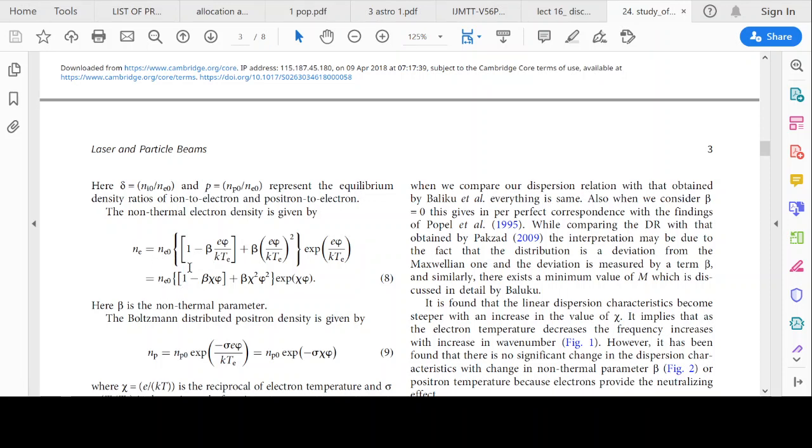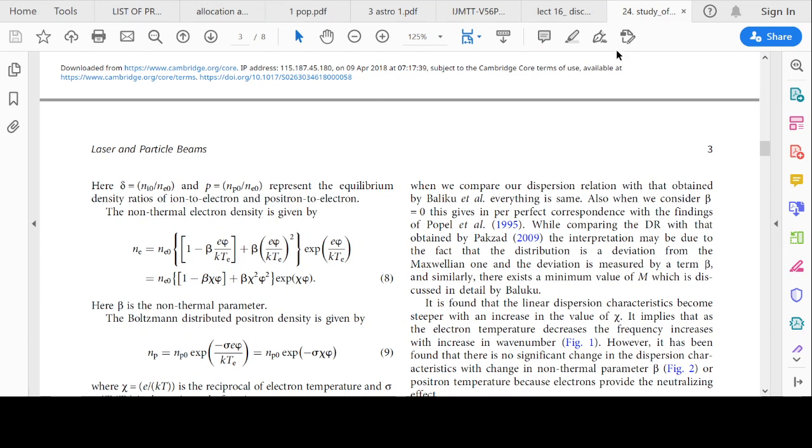This one is the Maxwell-Boltzmann distribution. Now this is an additional part, the non-thermal part. You can also take this kind of distribution if you want. I have given some more particle distributions, and if you are interested, just make me a call if it's possible, if you want to verify it.